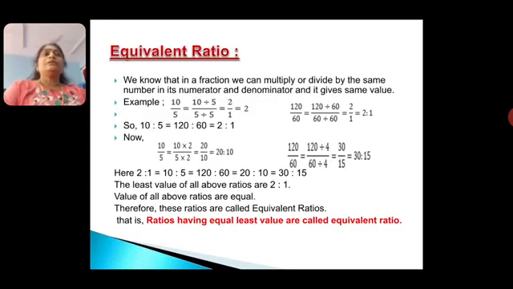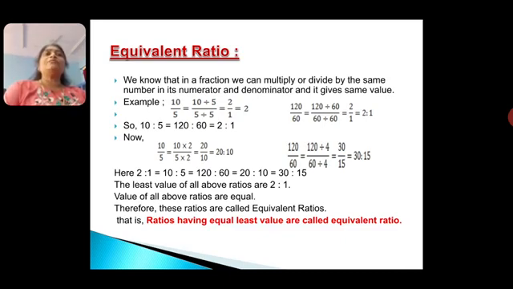Now, equivalent ratio. Students, we know that in a fraction, we can multiply or divide the numerator and denominator by the same number, and it gives the same value. That means there is no change in the value. For example, 10 by 5.